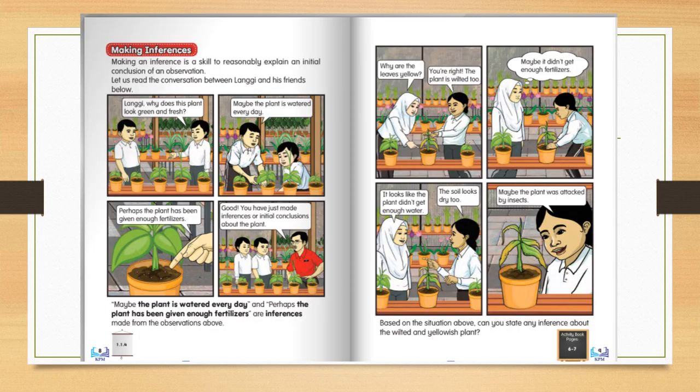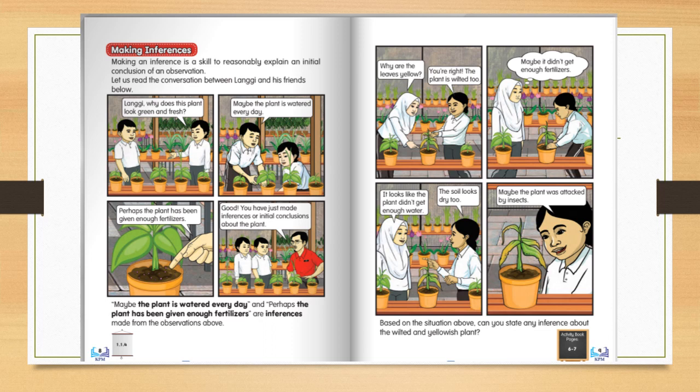Let's look in our textbook, page 8. Making inference is a skill to reasonably explain an initial conclusion of an observation. When you see the plant look green and fresh, you might say the plant is watered every day.